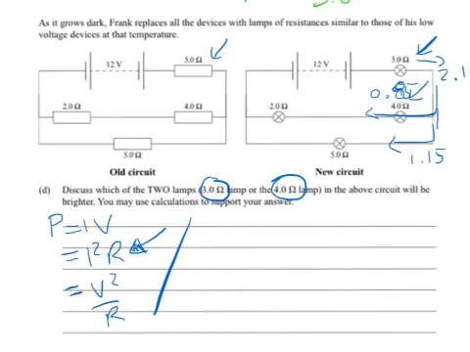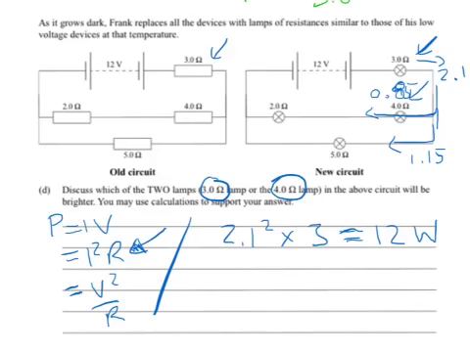So I squared R. For the 3 ohm, you would have 2.1 squared times 3, which is approximately 12 watts, because power is joules per second.